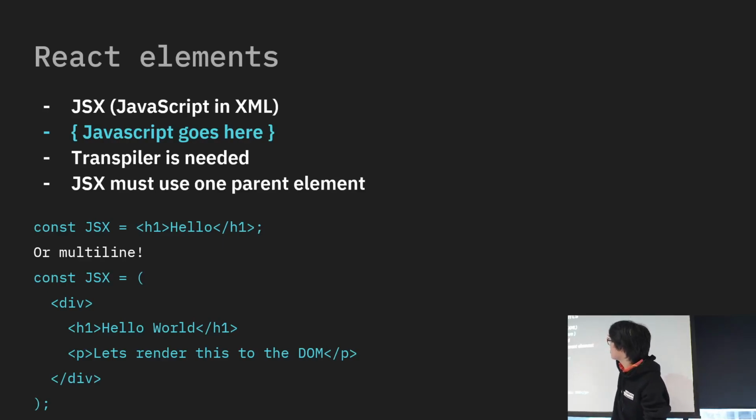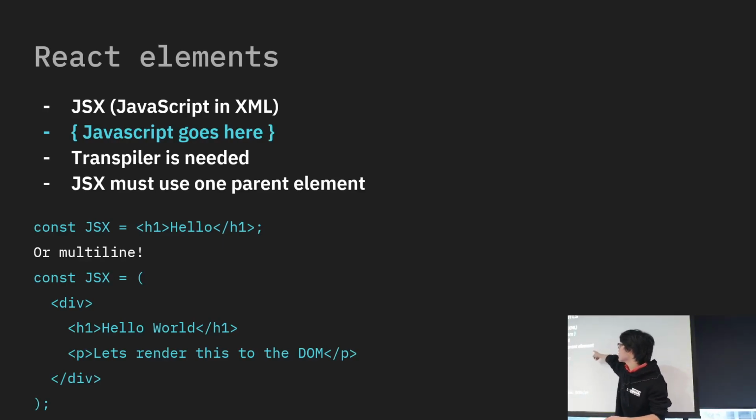Something that you need to know about React is that the JavaScript goes into the braces. That's the reason why in the previous slide I was using braces to represent variables going inside the HTML. You need a transpiler for that, like the earlier one I mentioned, Babel, because the internet browser does not understand those bits of syntax.